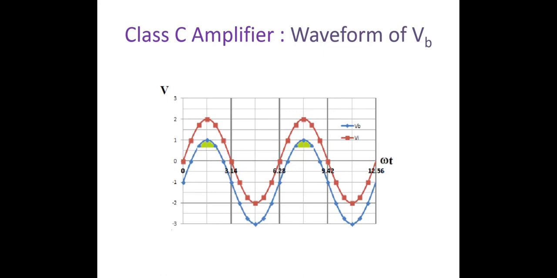So now let's have a look at the waveforms of VB and Vi. As you can observe from the plot, VB is simply Vi shifted along the negative Z axis by VBB.